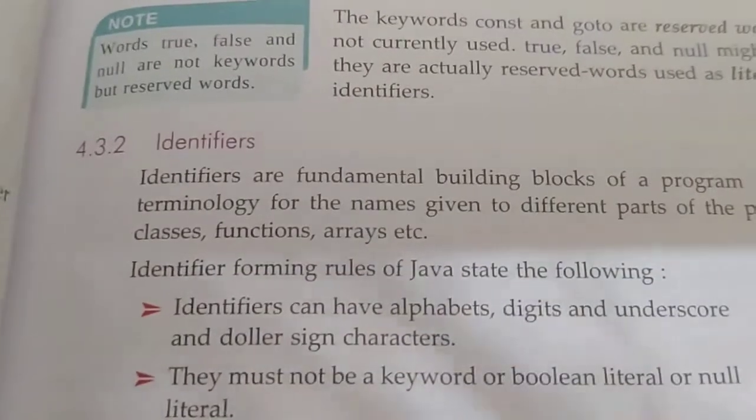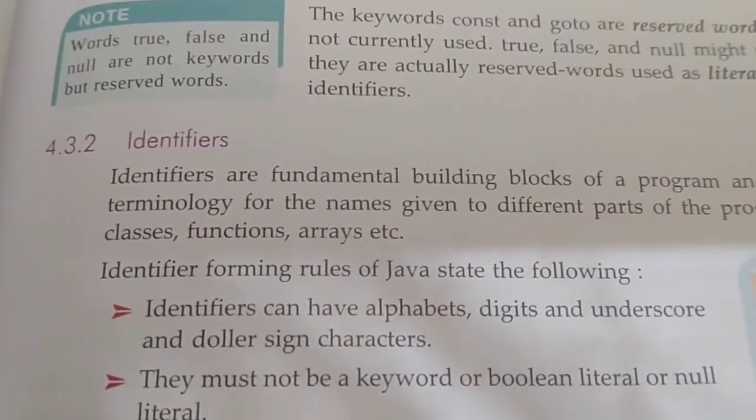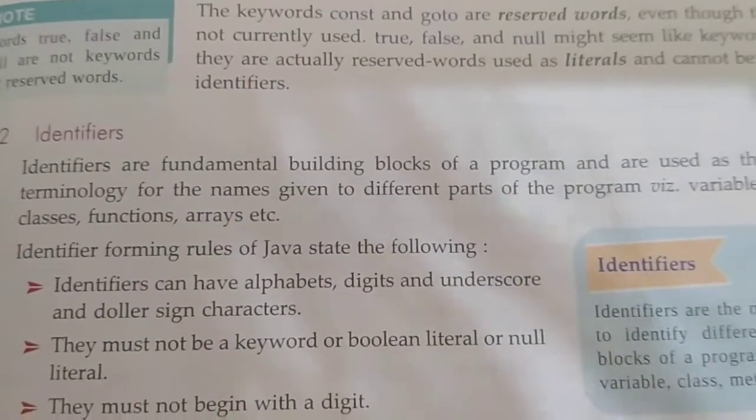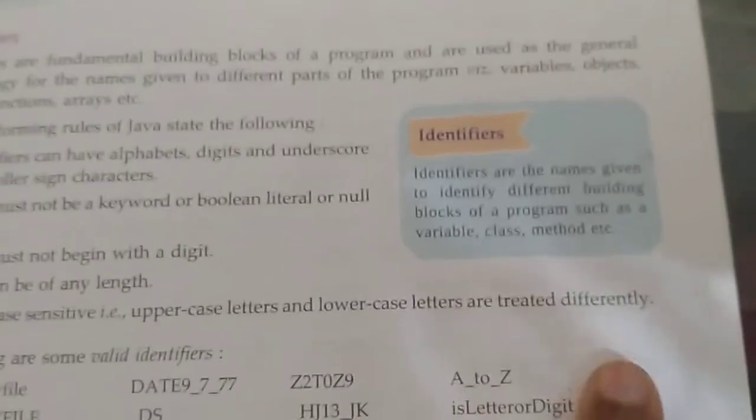Identifiers are the fundamental building blocks of a program and are used as the general terminology for the names. Don't learn this, it is very difficult. You can learn all the definitions from the boxes they have given on the side.